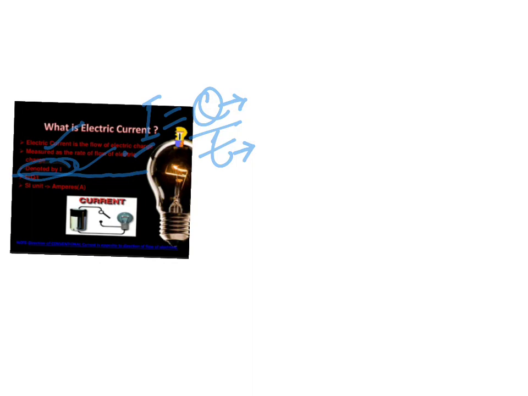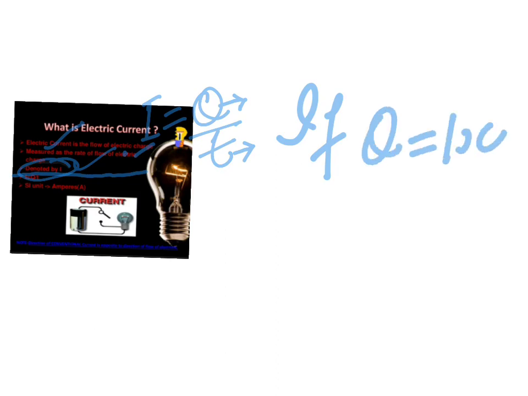Say for example, if Q, the charge, is equal to 10 coulomb, and the 10 coulomb have been flowing through a conductor for 5 seconds, and we have to find the amount of electric current that is flowing through the conductor.